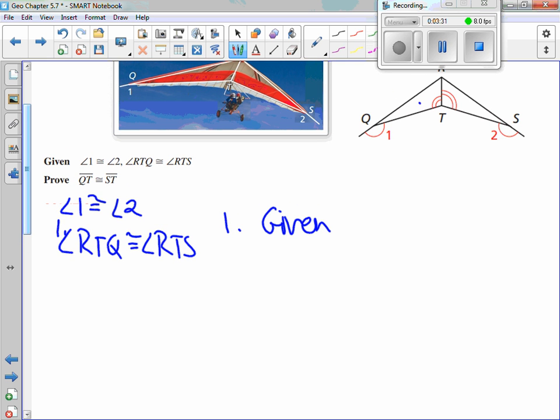And that's kind of helpful, because we have an angle and an angle here. Now, angle 1 and angle 2 really don't help us immediately. They're going to help us eventually, but them being just congruent isn't going to be one of our angles, because they're not inside the triangle. They're where? Outside.